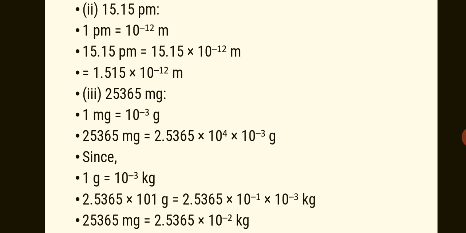Once again we shift the decimal one place to the left, so it becomes 1.515 multiplied by 10 raised to power plus 1. Oh, in this case the power of 10 is wrong. It should be minus 11 meter. So please correct it.